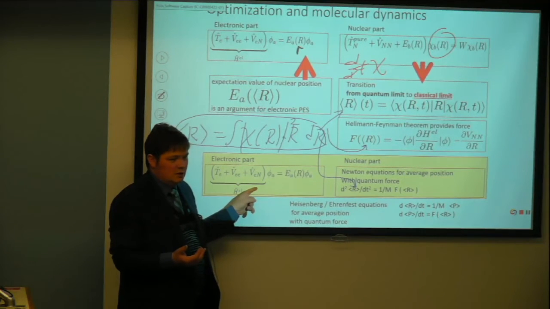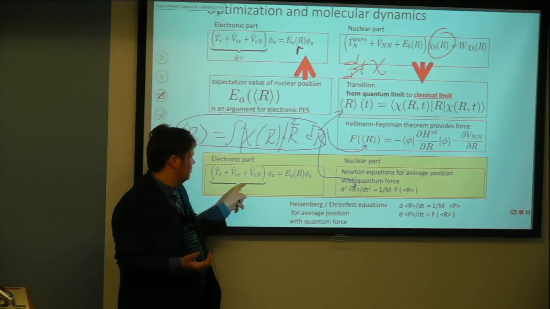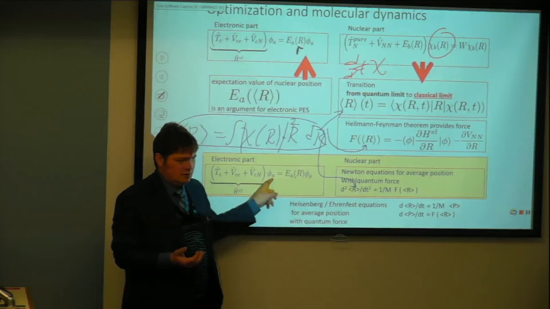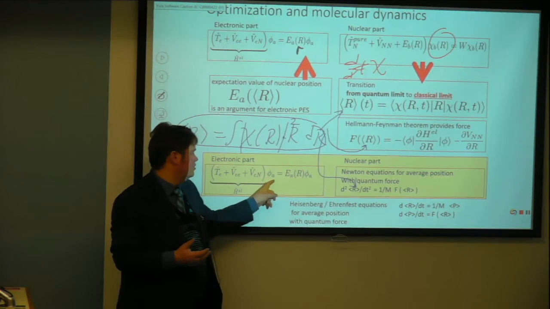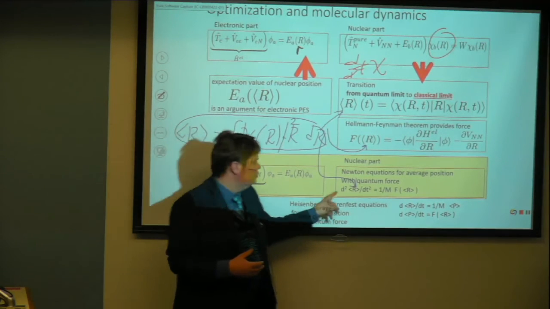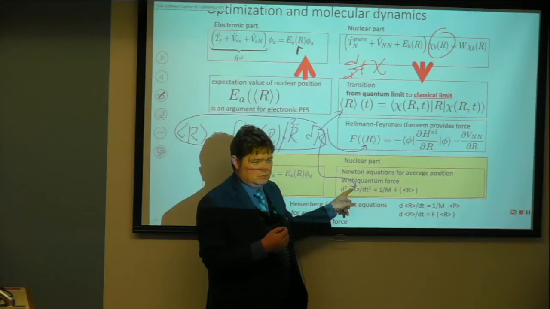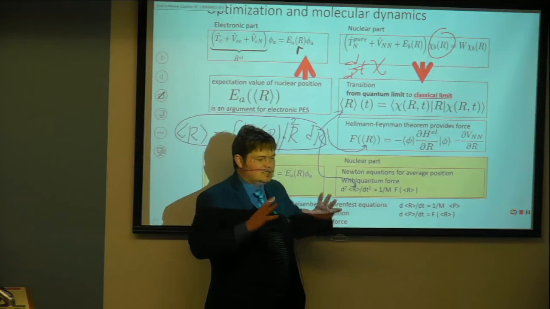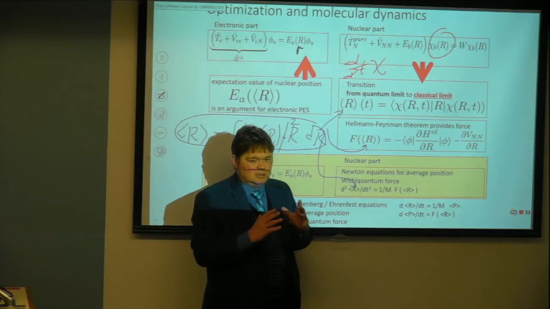So one keeps thinking of electronic degrees of freedom as wave functions and solves the Schroedinger equation in one or another variation, in one or other approximation. But for nuclear degrees of freedom, one is speaking of the expectation value of position. The error of neglecting the shape of this nuclear wave function distribution is often accepted.